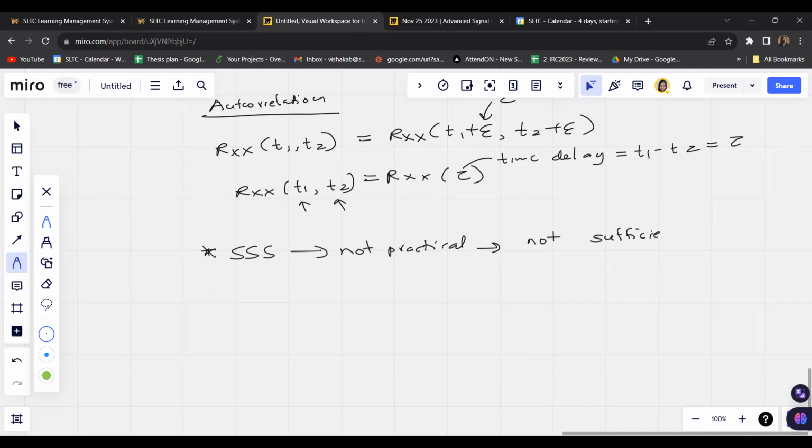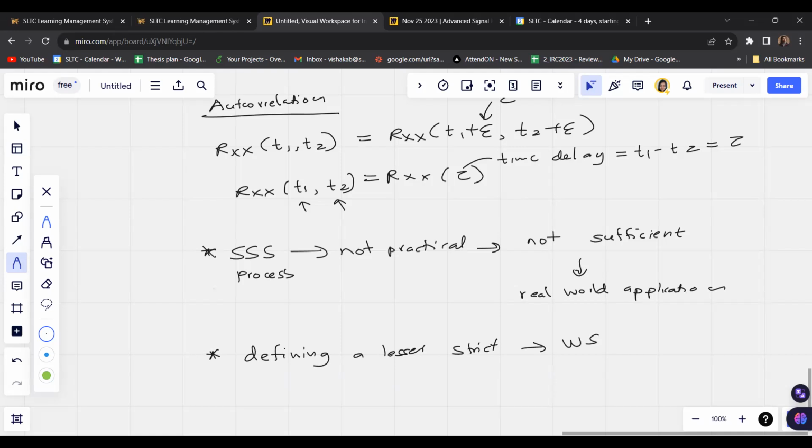So in order for us to model real world applications, we are using a lesser complex, lesser strict version. In order to do that, we are defining a lesser strict version, which is the wide sense stationary processes.